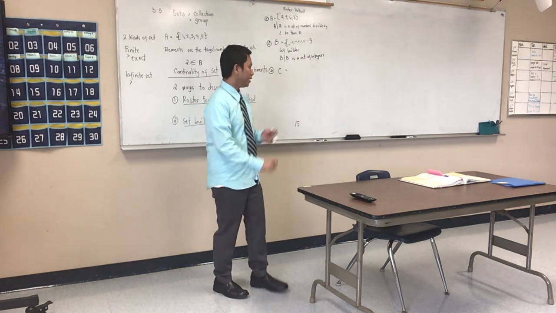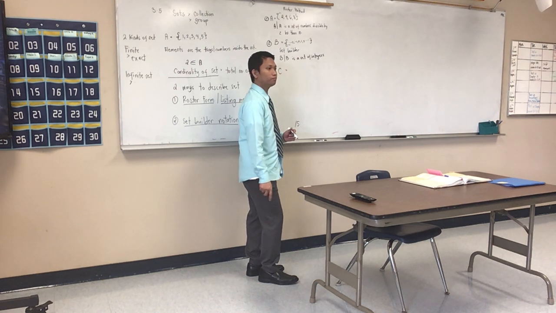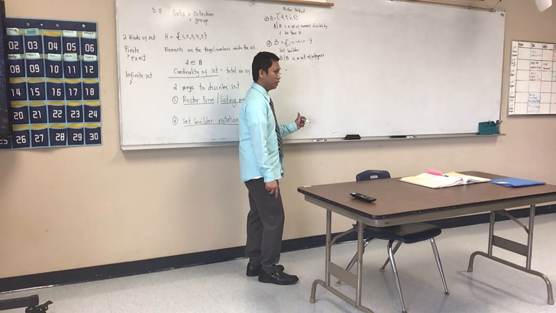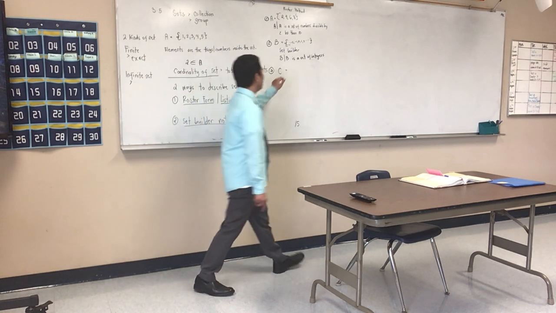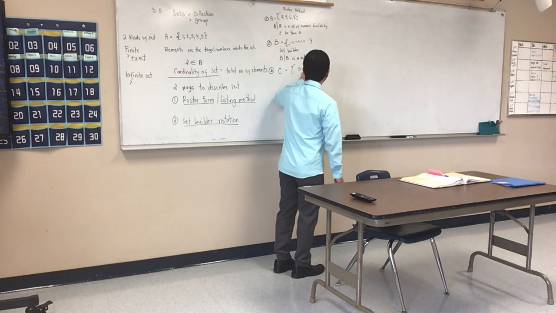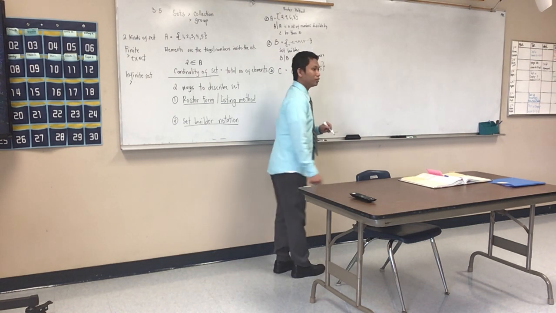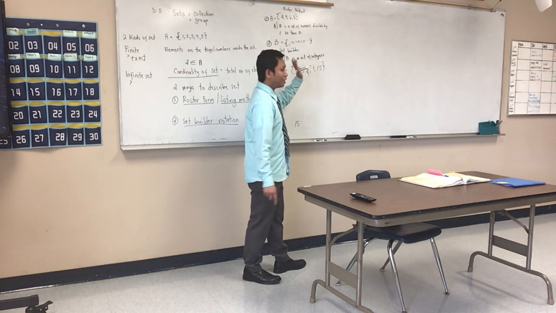Factors of 15. Yes. What are the factors of 15? These are the elements of set C: 3, 5, 1, 15. Why does it have to be in that order? It can be in any order.